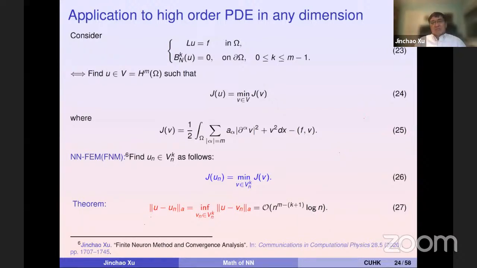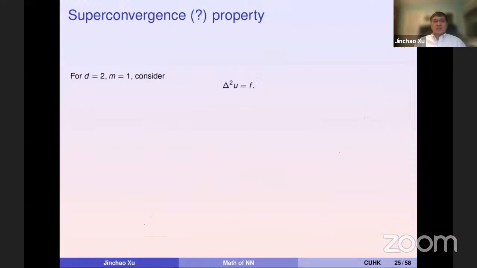That's pretty much the error estimate for what I call the finite neural method for this elliptic equation. But there are lots of issues behind this. Before I get into this, I just want to mention they have some remarkable superconvergence property.